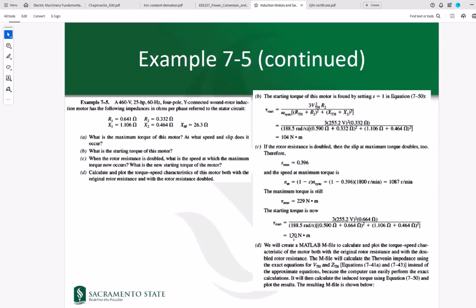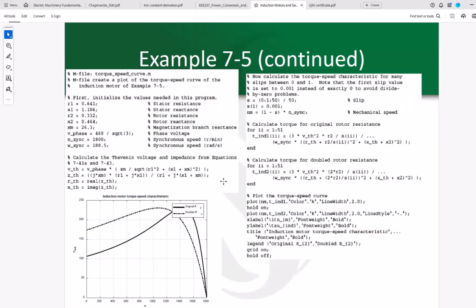So you were able to increase the start torque from 104 to 170 by doubling your rotor's resistance. And now it is asking to calculate and plot the torque speed characteristic of the machine, which there's a code given in here, and you've also been provided with a MATLAB experiment as a homework. So you should be able to plot the same torque versus speed characteristics with the original value and the double value of the rotor resistance using that code.